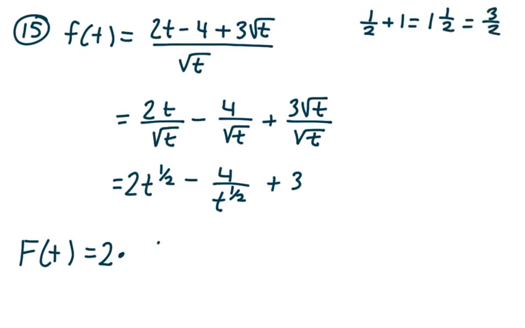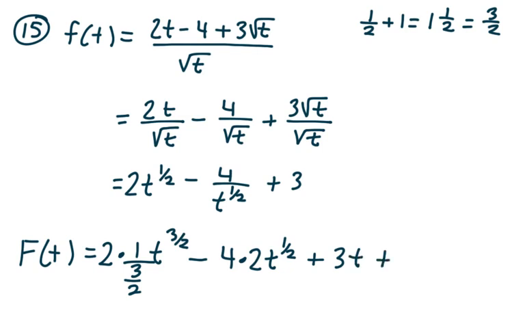So I get t to the 3/2, and then I'm going to multiply by 1 over 3/2 minus, now we've already established this one. This is 4 times 2t to the 1/2 plus 3t plus c.